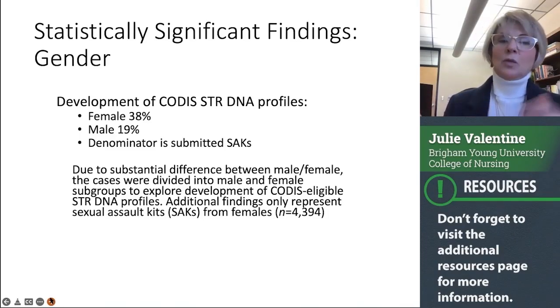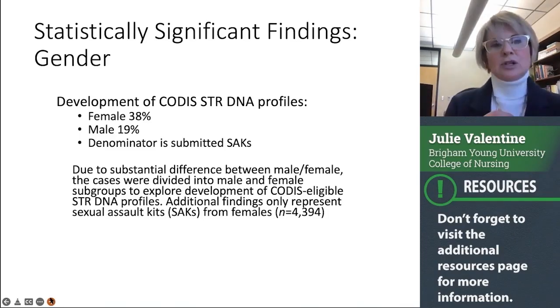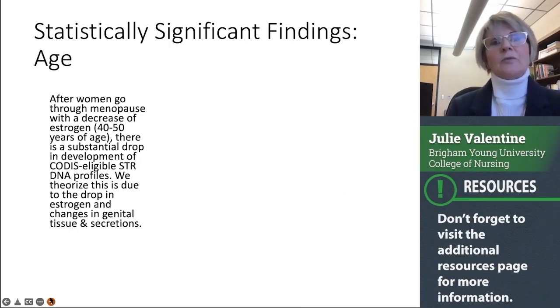And if you wonder why this is, just think of anatomy. Males don't have vaginas, and vaginas will hold on to more of that DNA, we believe, than a male penis or rectum. So we are finding quite a few of the male cases where we are not developing CODIS-eligible profiles.